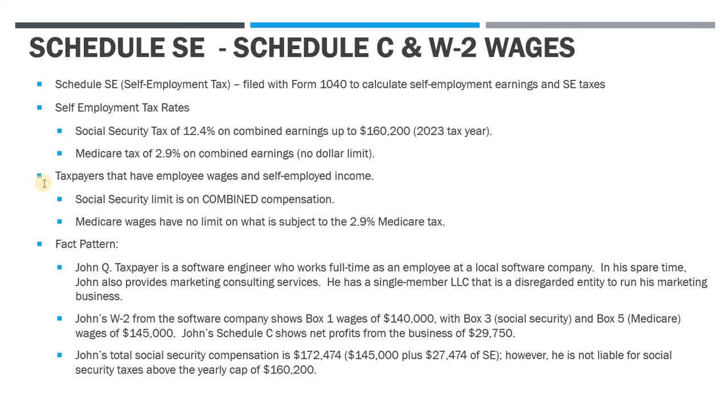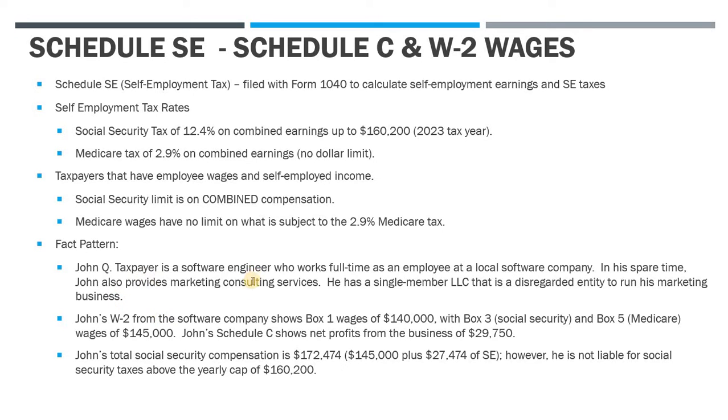Well, the Social Security limit is a big one. The Social Security limit is a combined limit on all of your compensation. And so that's why we have to look at both wages and self-employed earnings to figure out how much Social Security tax we pay. So let's have a look at the fact pattern and then the returns, and then hopefully this will make a bit more sense.